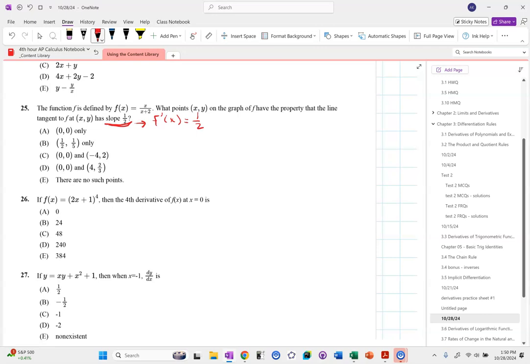If I want to find the x's where the slope is 1/2, everybody good with that plan? To do the derivative, I need to do the quotient rule. So we have the bottom times the derivative of the top minus the top times the derivative of the bottom, all over the bottom squared.